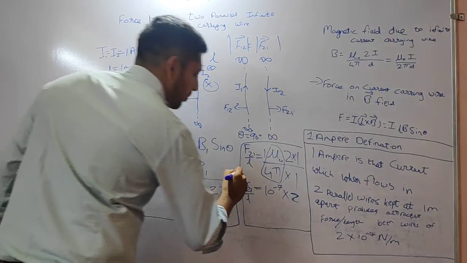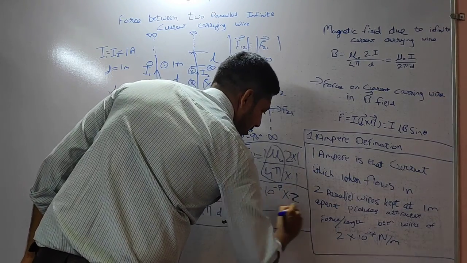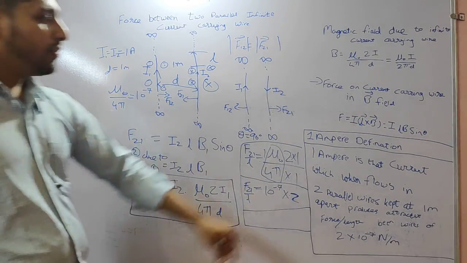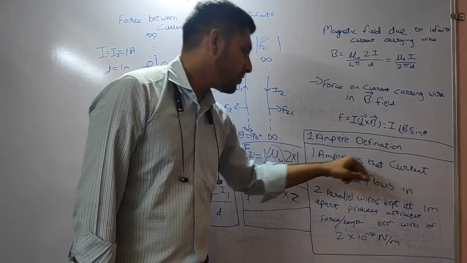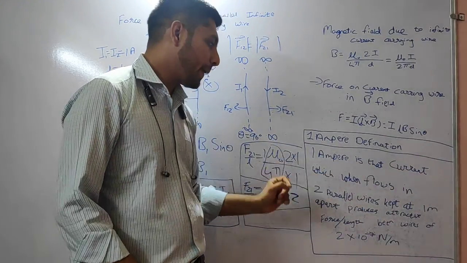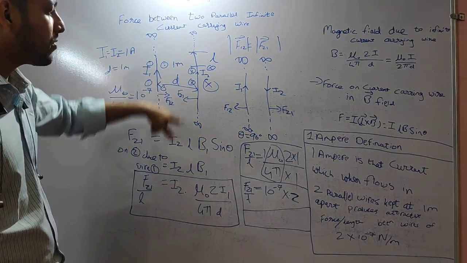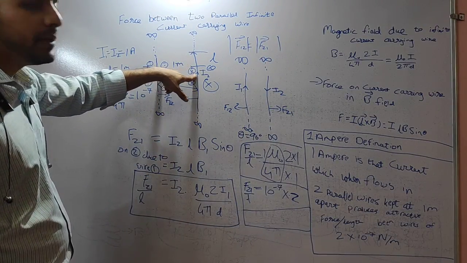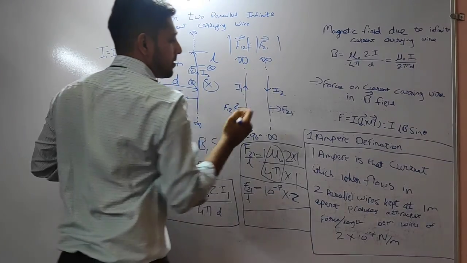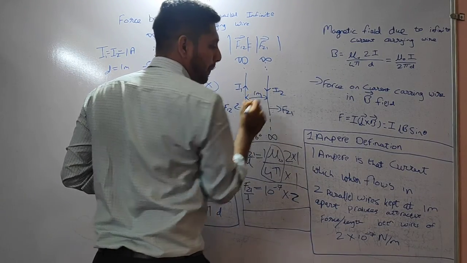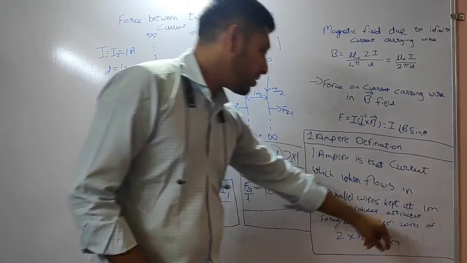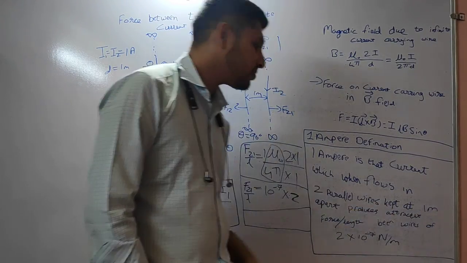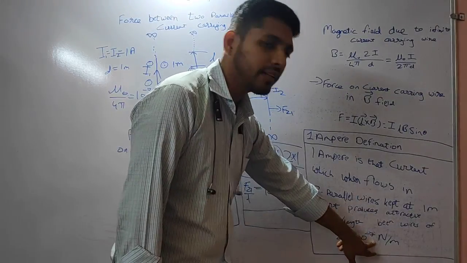So from here we can define the current. 1 ampere is the current which, when flowing in two parallel wires kept 1 meter apart, produces an attractive force per unit length between the wires of 2 into 10 raised to minus 7.